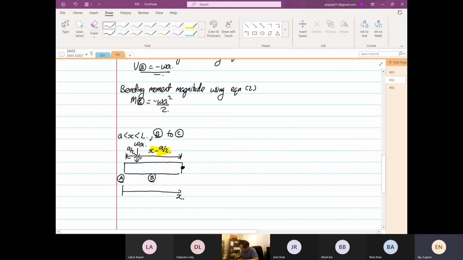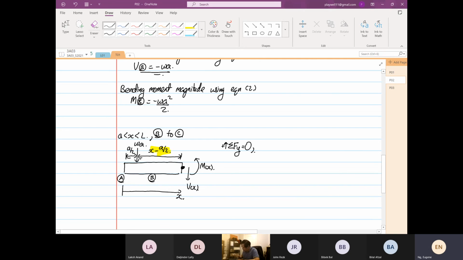Then again, we assume vertical shear and bending moment, positive shear and positive bending moment. So we're going to do static analysis again. Summation of forces in the y direction is equal to 0.